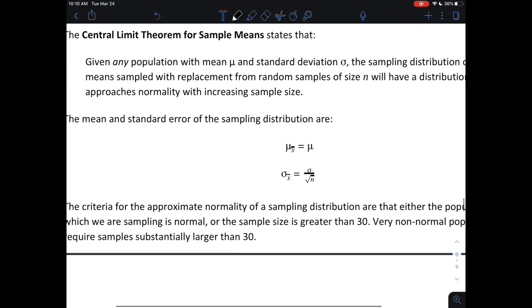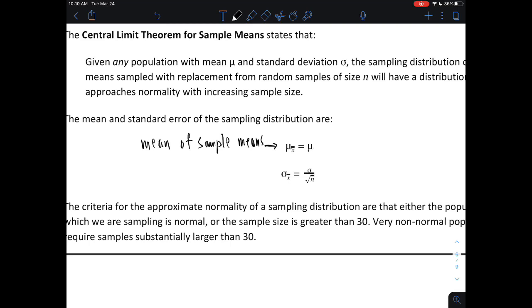Mu sub x bar is equal to mu. So first of all, if we just want to interpret those symbols, mu sub x bar, that is the mean of sample means. Maybe think back to module 7, where we had the mean of sample proportions.